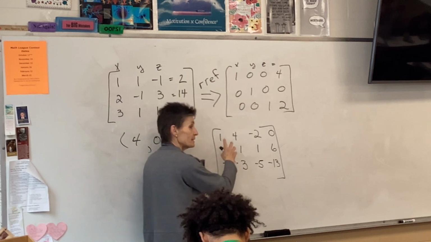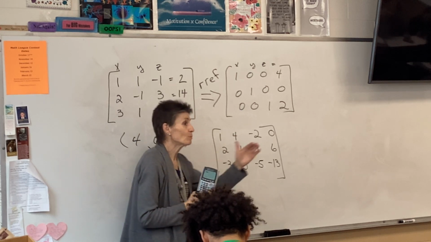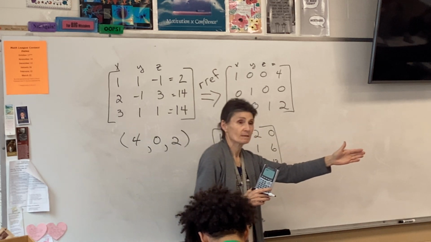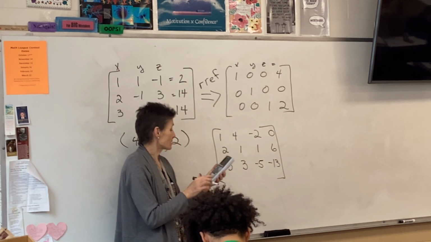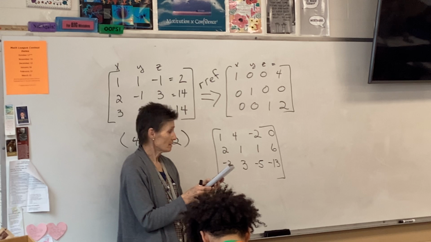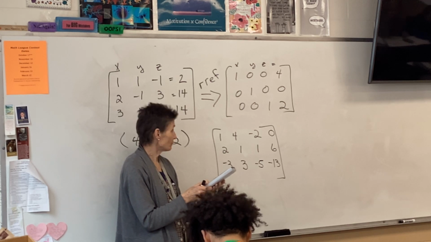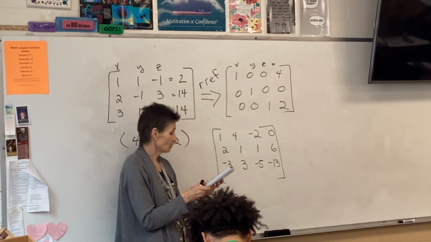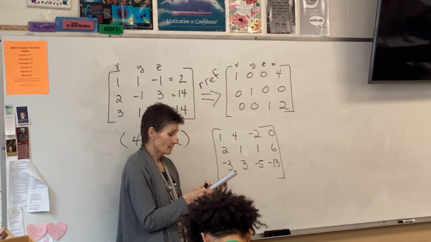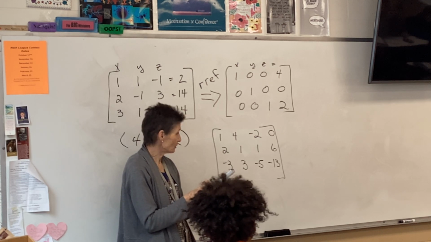And now you're gonna put these numbers in. You're just gonna put them in right on top of the other ones, guys. Don't worry about it. So 1, 4, -2, 0. 2, 1, 1, 6, -3. Make sure you're putting in your negatives.